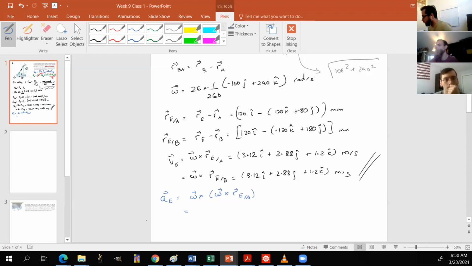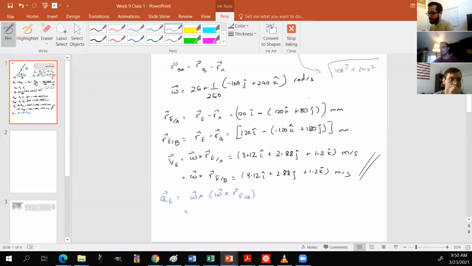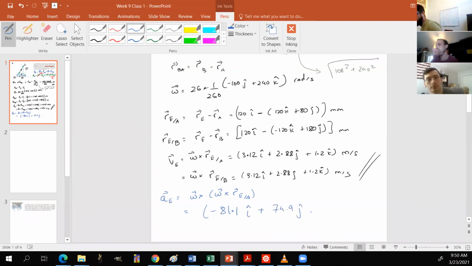Okay, so the answer. Writing it in meters per second squared instead of millimeters per second squared, we get minus 81.1 i hat plus 74.9 j hat plus 31.2 k hat meters per second squared.